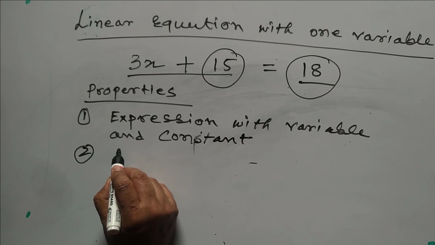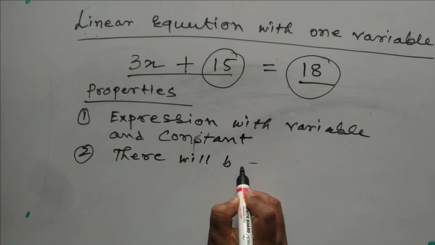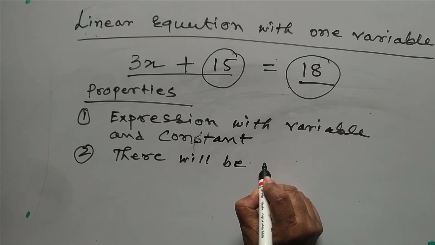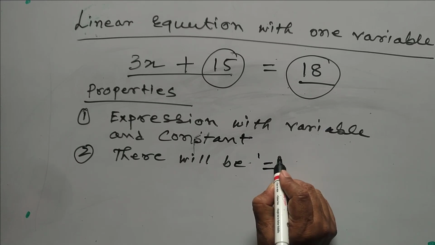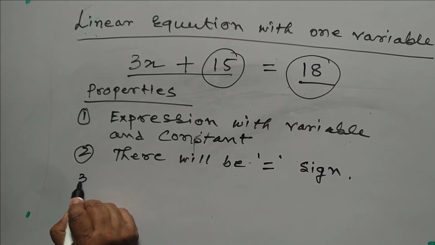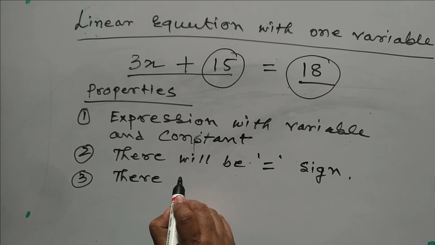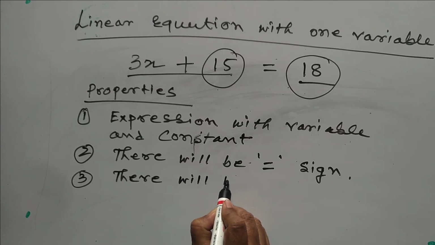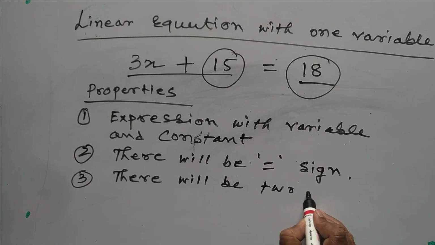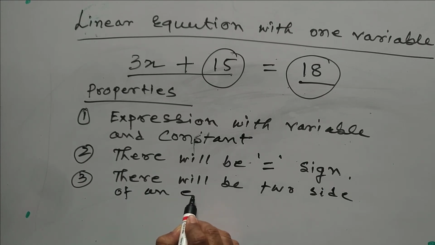Two, there will be an equal to sign. Three, there will be two sides of an equation.